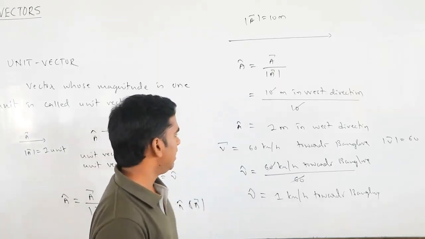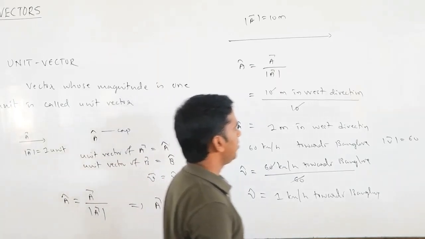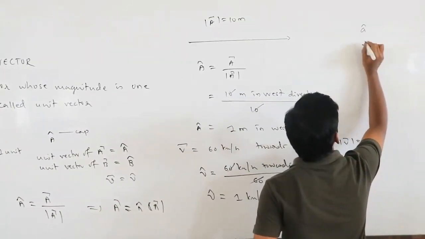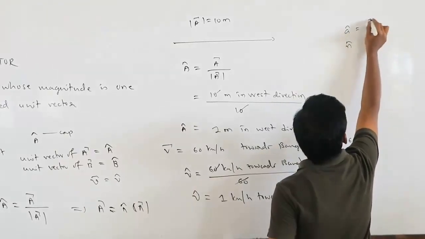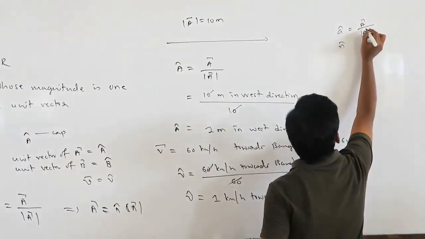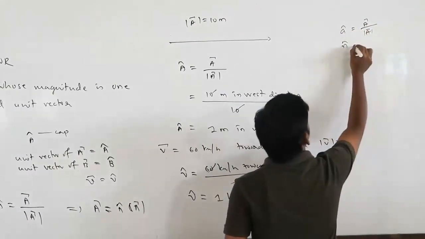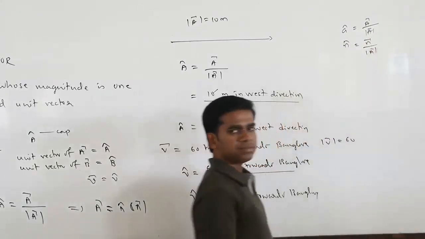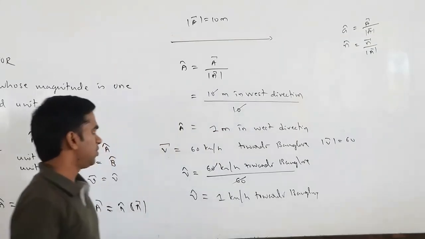So that is the unit vector. Remember, it may be a cap or n cap, whatever. A cap means vector A divided by magnitude of vector A. N cap means vector n divided by magnitude of vector n. Like that you have to represent.